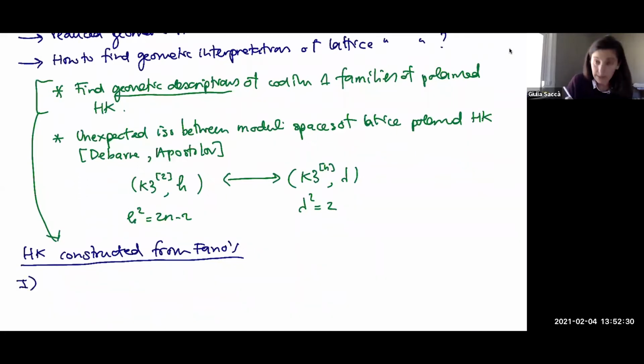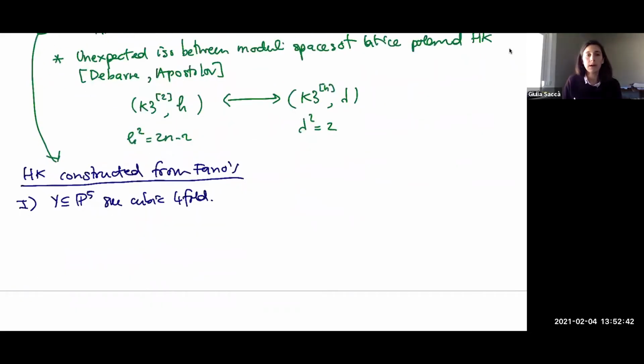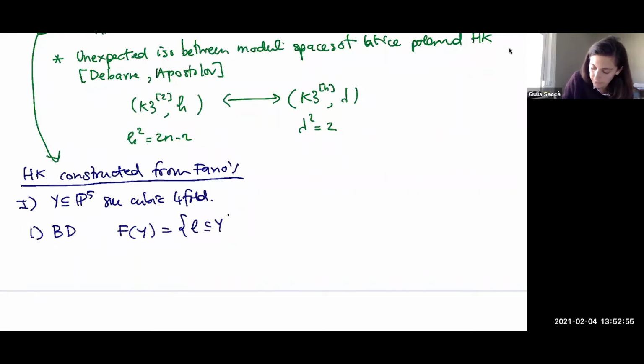Okay, so the first example is the smooth cubic fourfold Y. There are several ways to attach to a smooth cubic fourfold a hyperkähler manifold. The first is Beauville–Donagi. This is F(Y), the Fano variety of lines in Y inside G(2,6). If Y is smooth, this is a hyperkähler fourfold of K3^[2] type.